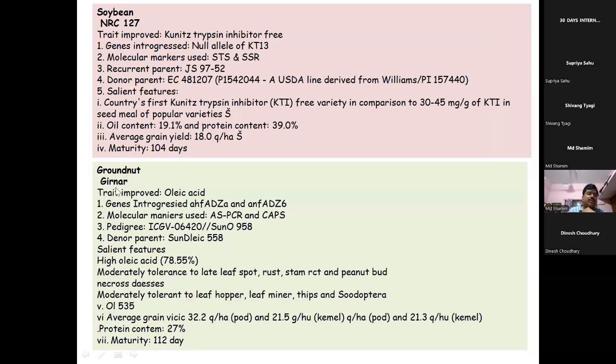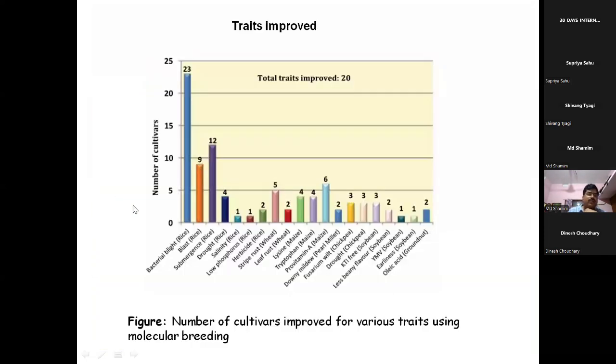Then soybean and groundnut. So far, ICAR has developed up to 20 different varieties for more than 60 traits with the help of molecular markers. ICAR has developed different cultivars like rice, for bacterial blight, blast, submergence, salinity, low phosphorus, herbicide.